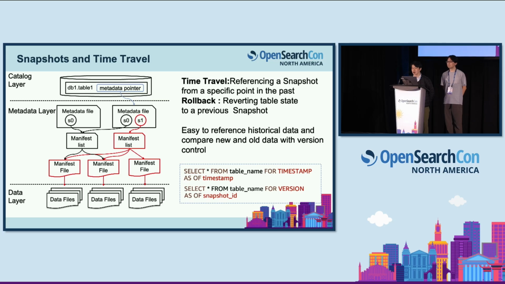Through this process, it then refers to the necessary manifest files and data files. And this allows the querying of data associated with the specified snapshot. And if another snapshot is specified instead, a different set of data files is referenced.